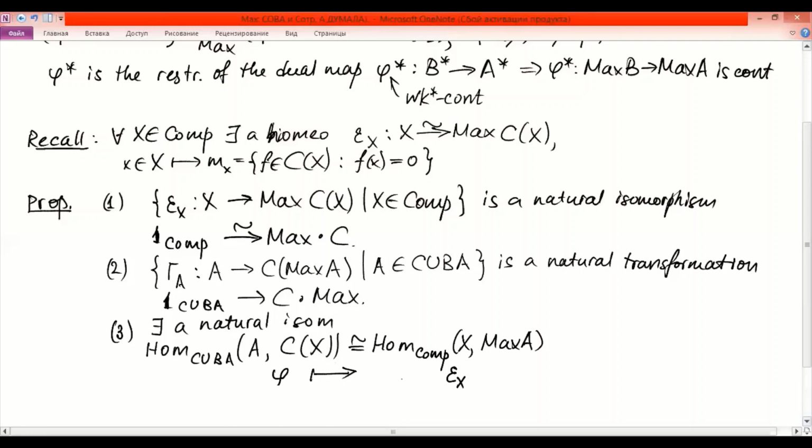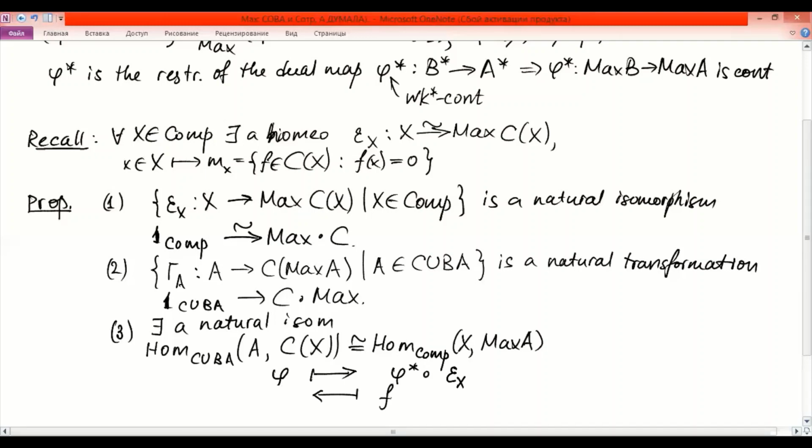And then we compose it with phi star, which takes it to the maximal spectrum of A. And the inverse map, which acts from right to left, looks as follows.